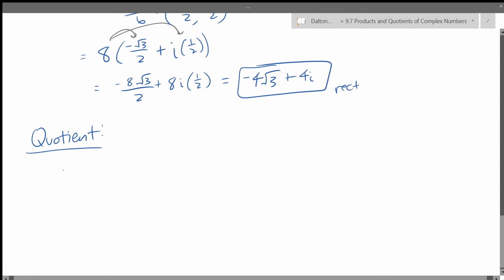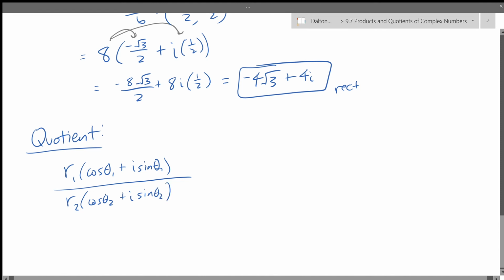So quotient means divide. I'm going to take one polar complex number, r sub 1 times cosine theta sub 1 plus i sine theta sub 1, divided by r sub 2 times cosine theta sub 2 plus i sine theta sub 2.